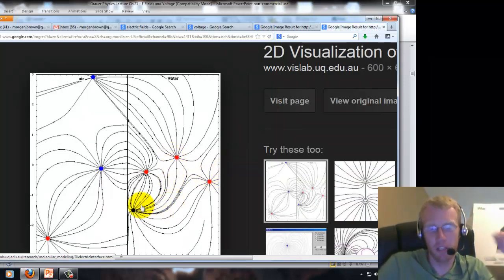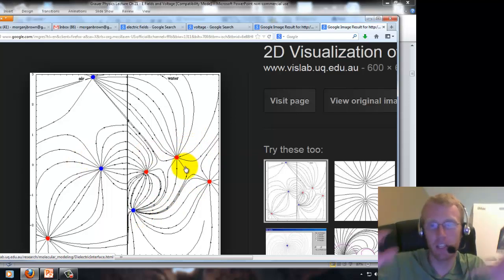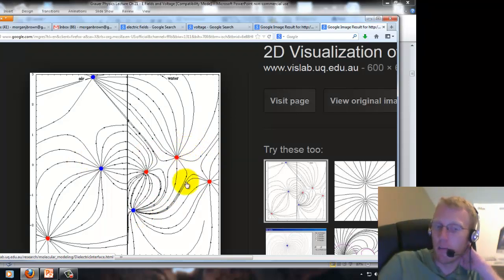Here's something super crazy. When you have different size charges, mixed positive and negative in weird orientations, you need to use a computer program essentially to calculate the trajectory of these field lines. And so you can see that you get some weird stuff happening, and it's really hard to predict.